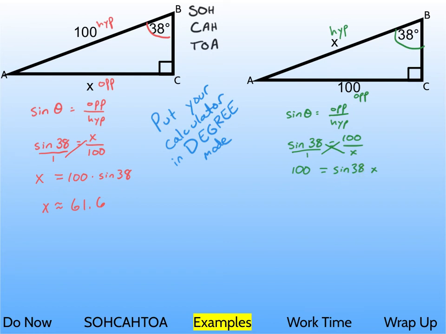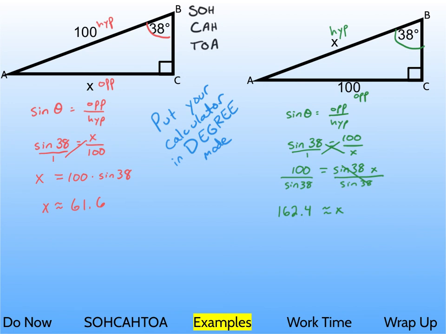So what we can do to get x by itself, which is the goal here, is just divide by sine of 38. That'll cancel it out from this side. If we do something to one side, we got to do it to the other. So we get about, calculator time, 162.4. And I just did that by typing in 100 divided by sine of 38. If you got something different, remember, put your calculator in degree mode.